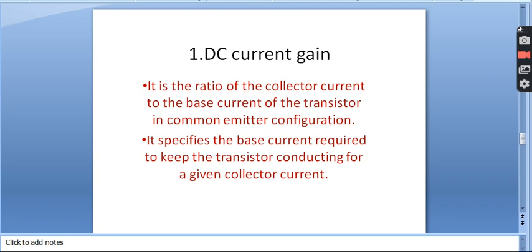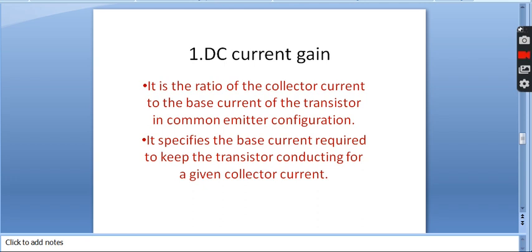This is called DC current gain. It specifies the base current required to keep the transistor conducting for a given collector current. So why we are specifying this current gain: it specifies how much base current is required to keep the transistor conducting for a given collector current.